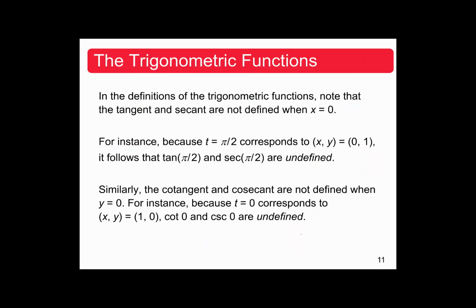And we have some special angles. When angle t equals pi over 2, that means the point is located on the y-axis.